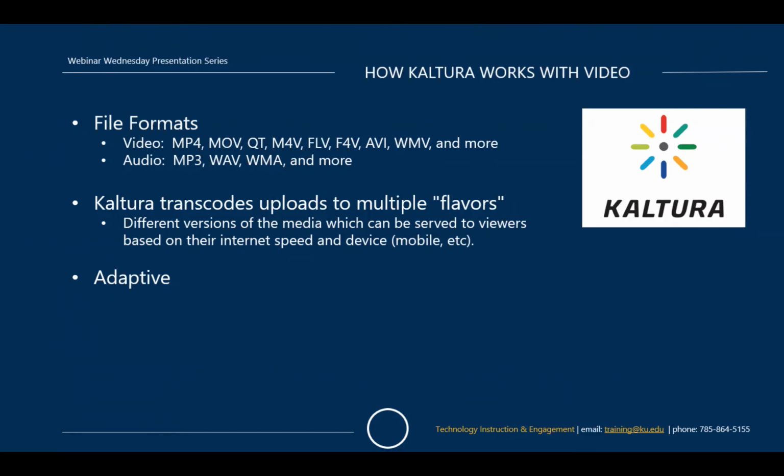If I have a slow dial-up connection, I might get a little lesser quality, but it's small enough so that they can keep up and there isn't buffering and all that kind of stuff. So it's this adaptive delivery that's happening. There are different versions for mobile devices. As we know, the Apple stuff wants something a little different than the Android phones, for instance.